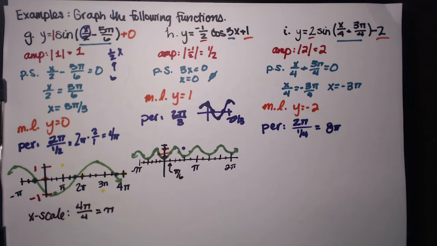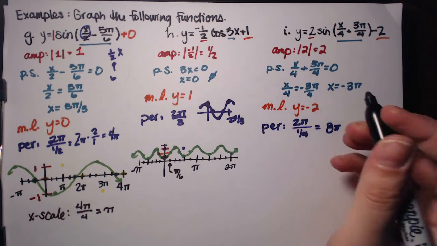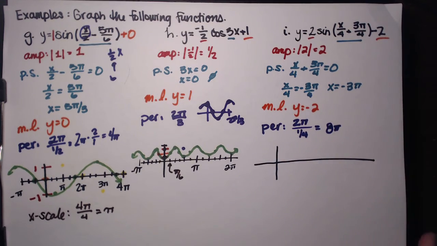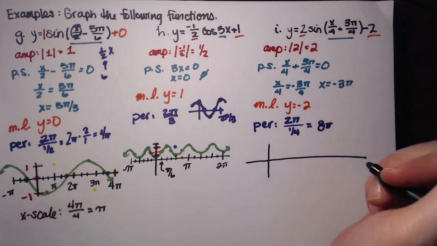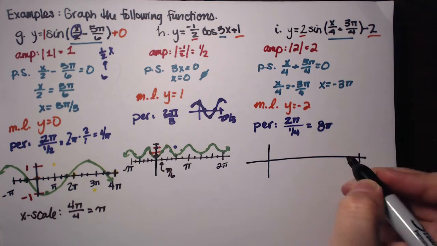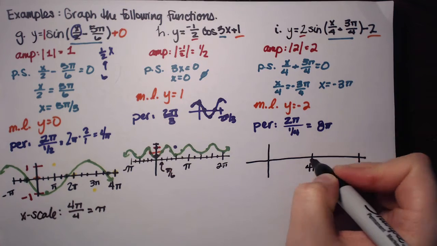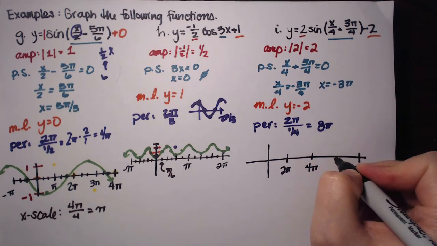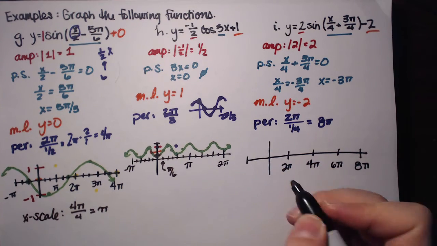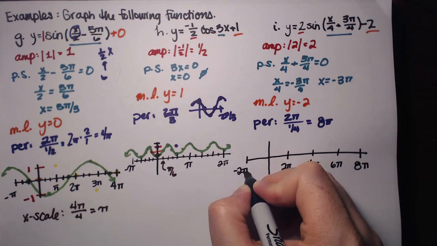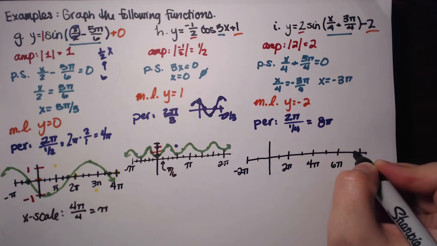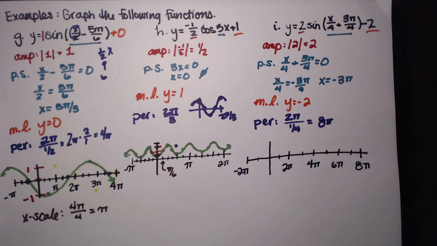Okay, and then the last one. This one is going to be very long because we need to go 8 pi. Okay, and I am going to throw marks in here, each one is pi.